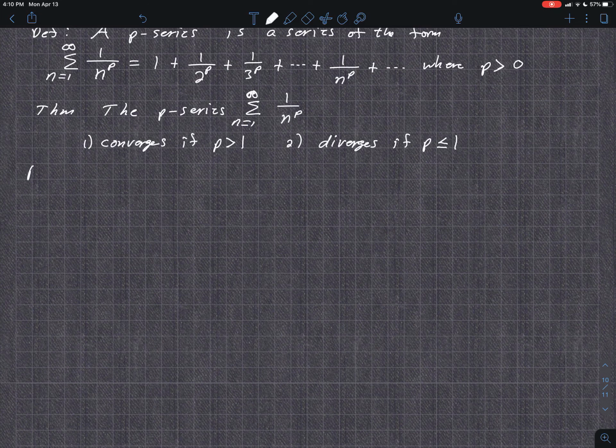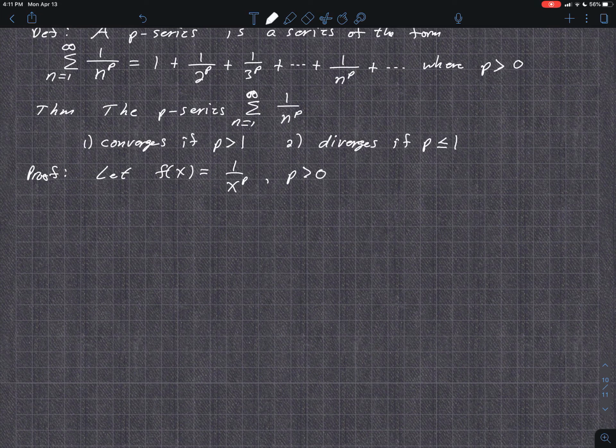All right, so let's take a look at that. We'll call it a proof. What we're going to look at is this function. We're going to let f of x be 1 over x to the p, where p is greater than 0. For now, we're going to leave off some of the details.